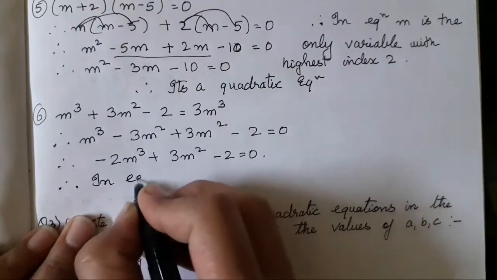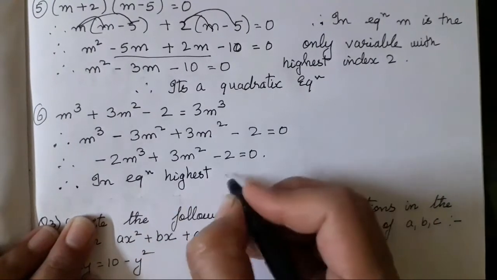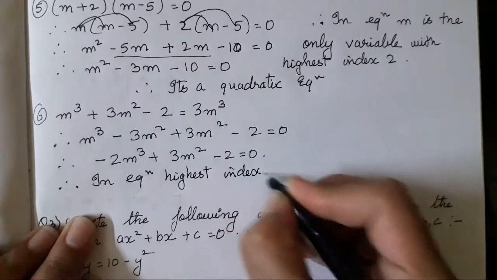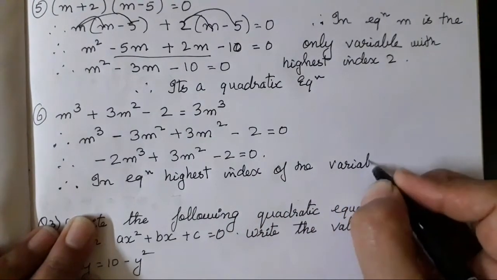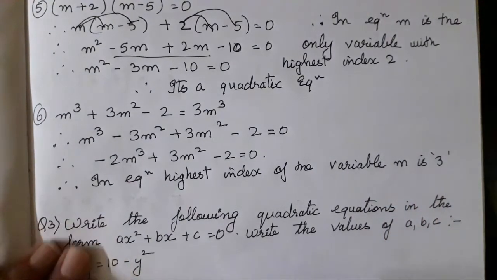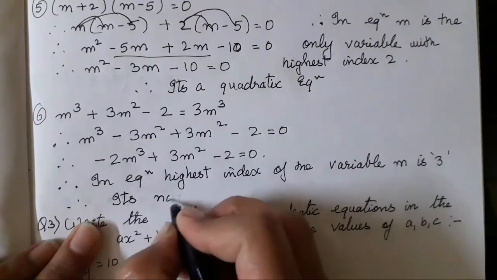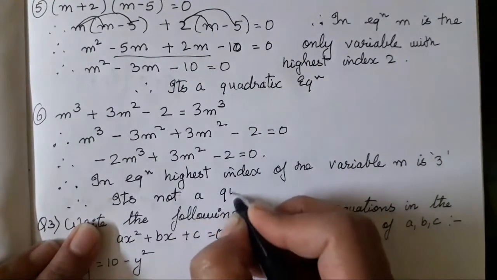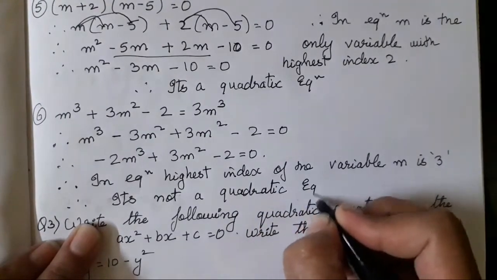So in the equation, the highest index of the variable m is 3. Okay, therefore it's not a quadratic equation.